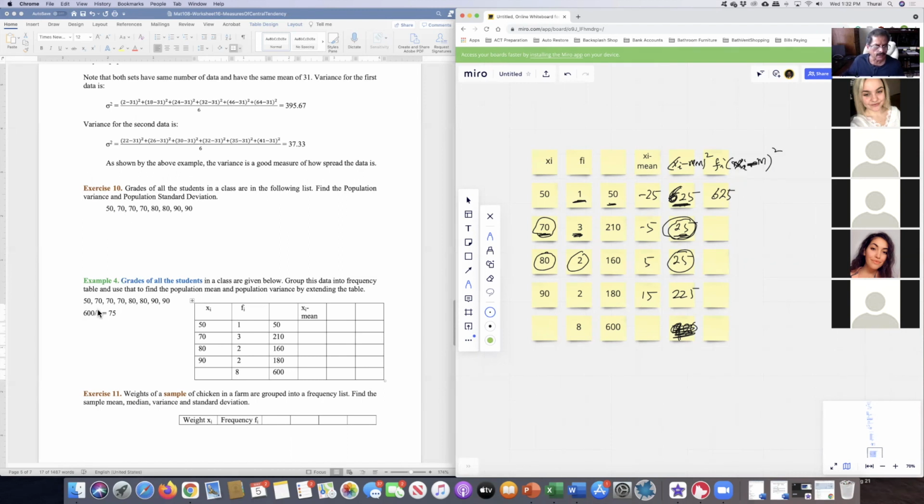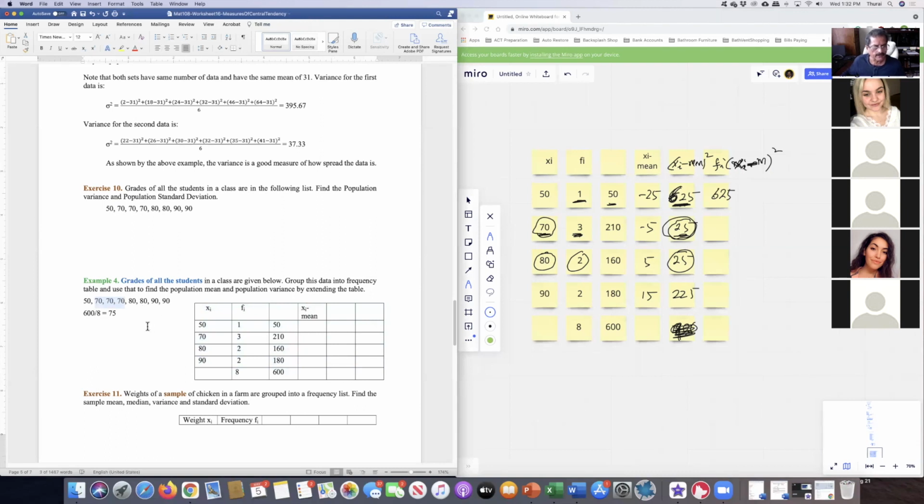So you go back and look at the original data. The 70 is there 3 times. So 70 minus 75, which is 5, is going to occur 3 times. We wrote each data here and then wrote the frequencies here. So after squaring, I need to multiply by the frequency, because each of those squares is there 3 times, or whatever the frequency is.